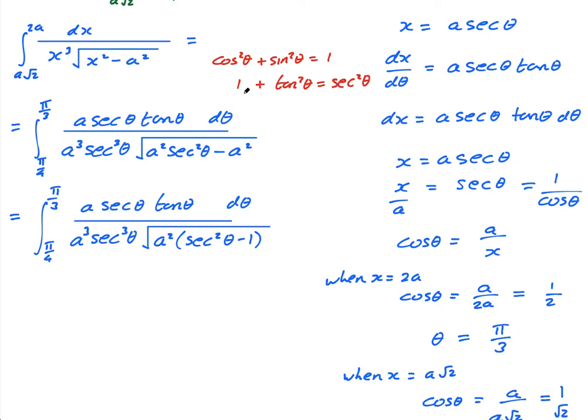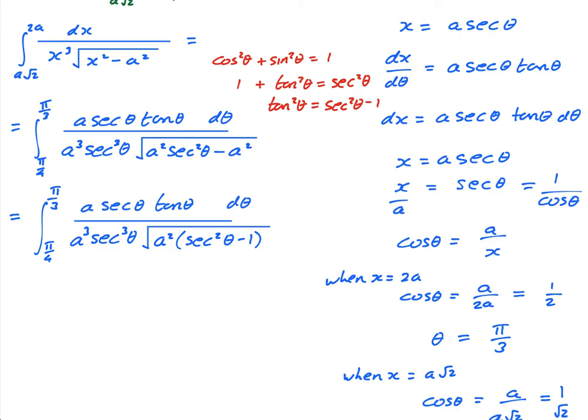So this is in the formula booklet. I like to just derive these from there. I remember this one and figure these ones out from it. But if you have your formula booklet, you can go straight to it. So I can actually say that tan squared theta equals sec squared theta minus 1.